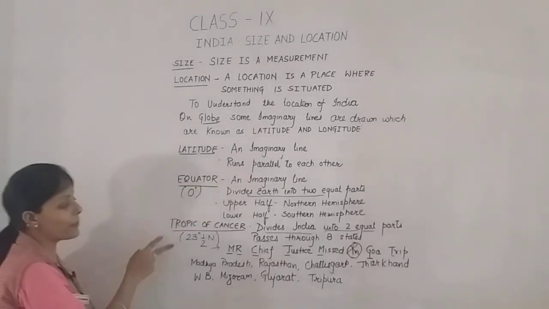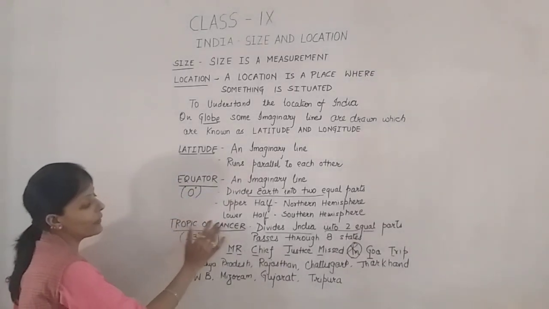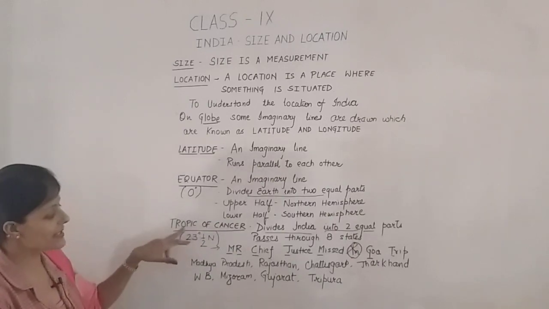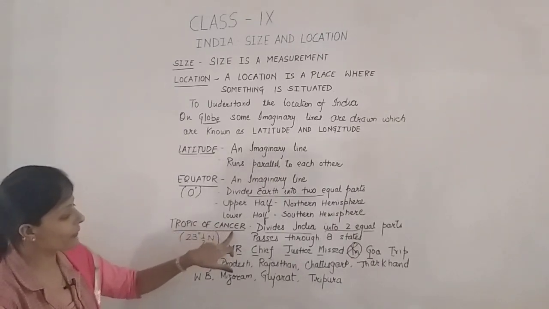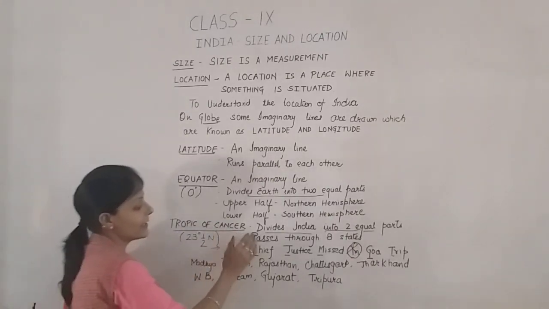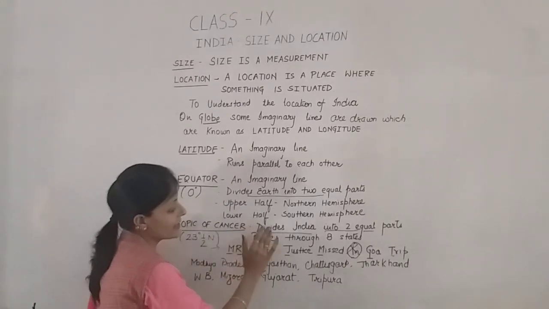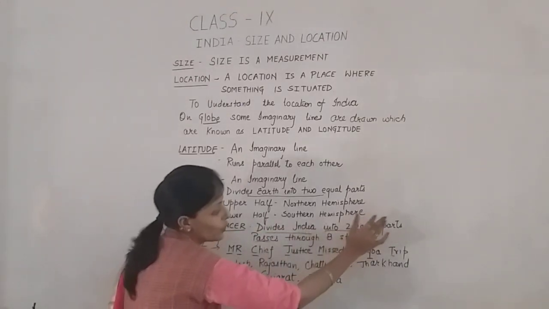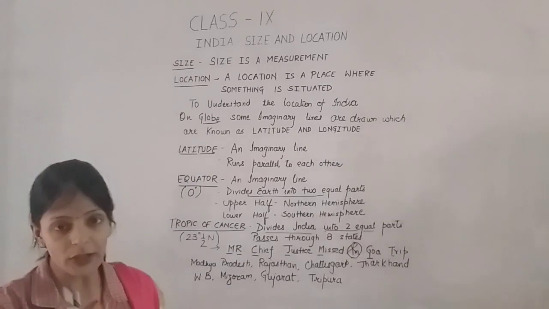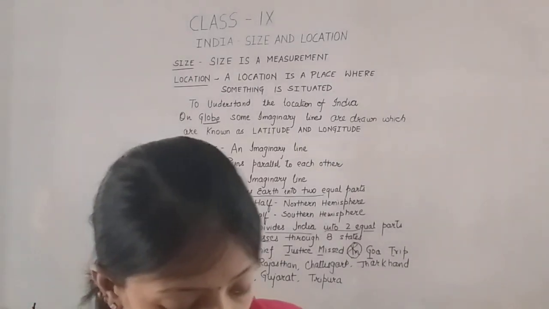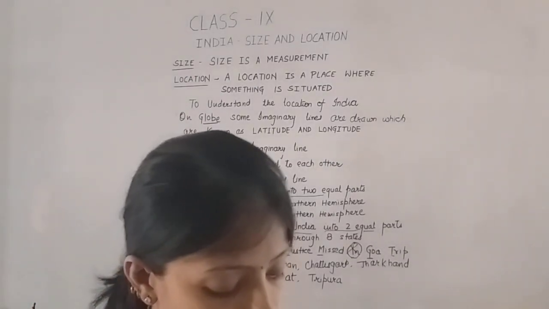Now the next important term is Tropic of Cancer. Okay students, next is Tropic of Cancer. See here, Tropic of Cancer divides India into two equal parts. If I am showing you, this is India, students.